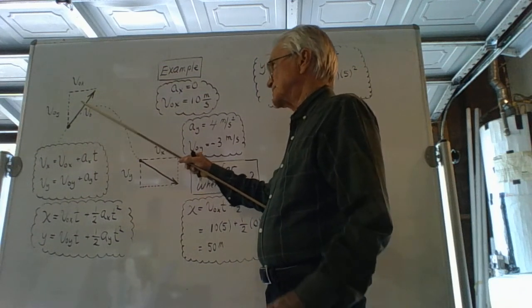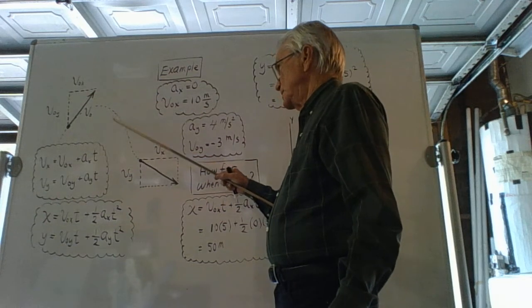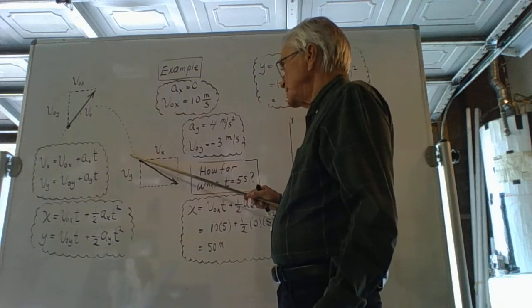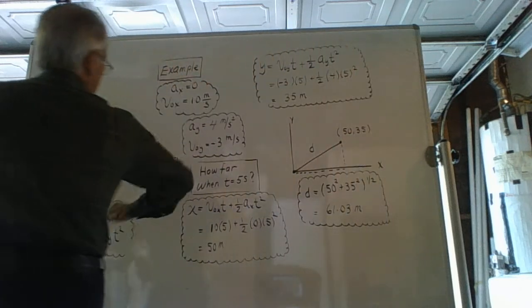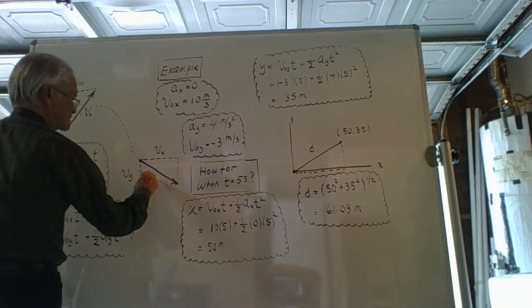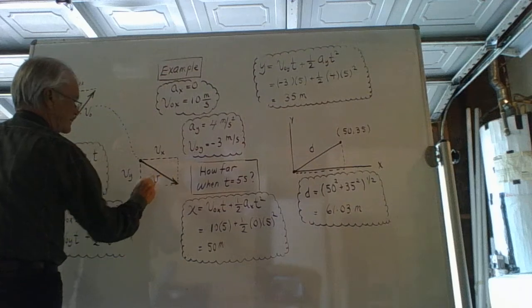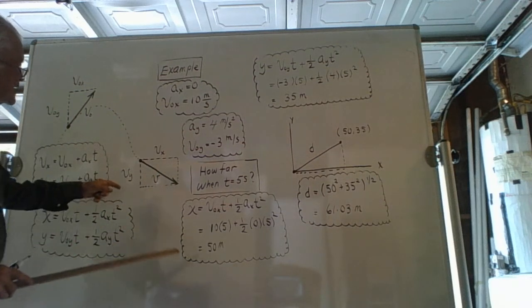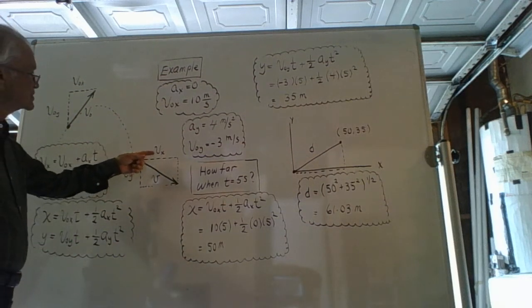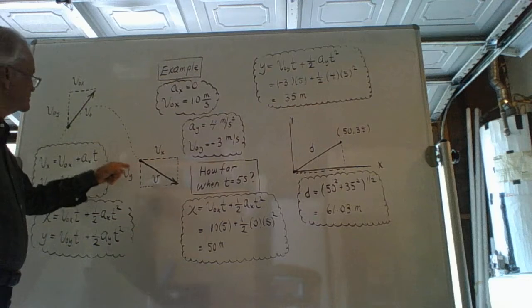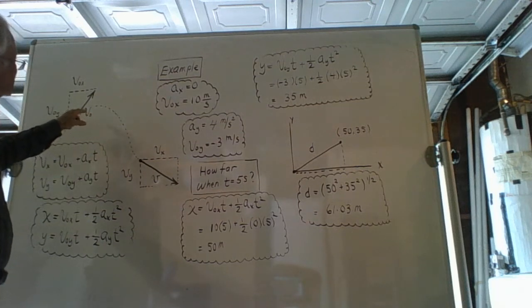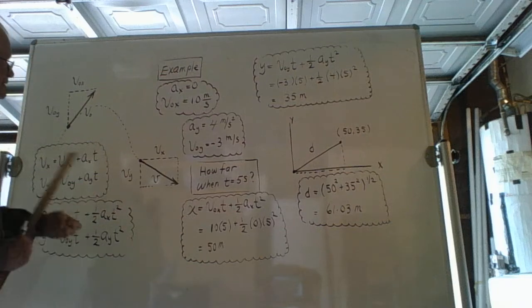Later, as time goes by, the particle will be elsewhere and will have in general a different velocity, which we can symbolize as v. That velocity vector has two components, an x component and a y component. Notice the absence of the subscript naughts, the zeros. They only apply to the initial values of those components.